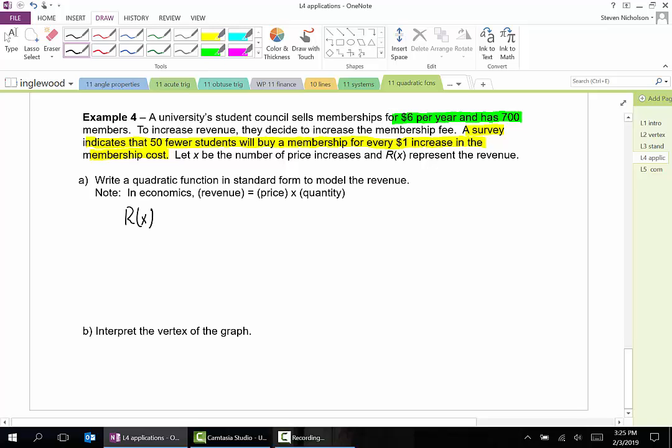So again, x is the number of increases, and the price is the initial value plus $1 increases. So x is the number of price increases. And what that would give us is our initial 700 people would be reduced by 50 people for every price increase.